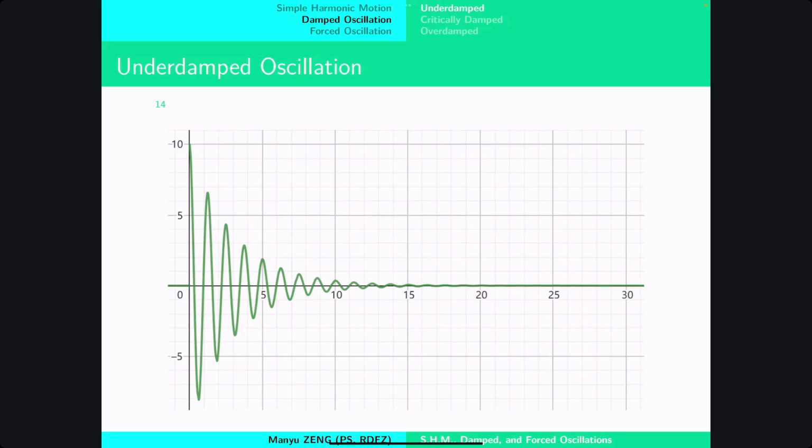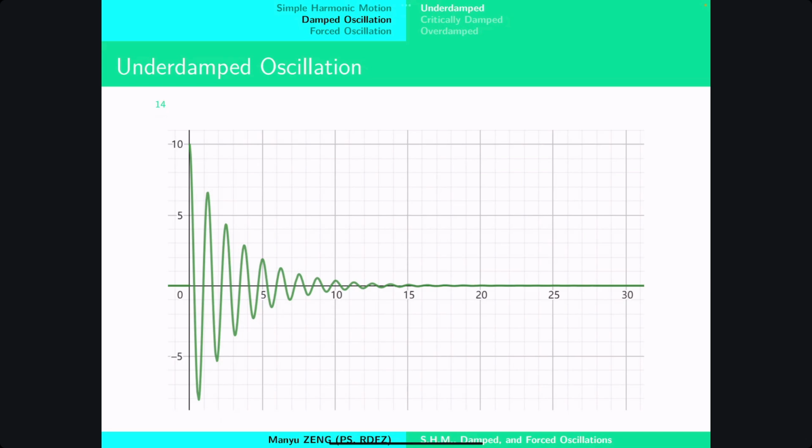Although it decreases due to the damping effect, it can still pass the equilibrium point infinitely many times, right?